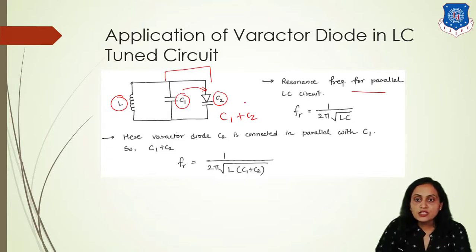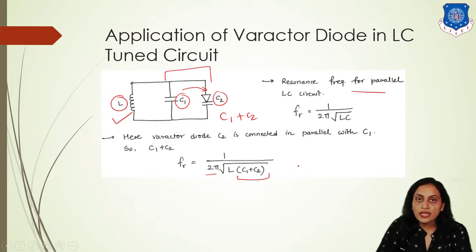But now instead of just one capacitor, we are using the parallel combination of two capacitors, and that is C1 and one more is the varactor diode. So for this particular circuit, the equivalent resonance frequency equation would be 1 divided by 2 pi square root of L into the equivalent capacitance, that is C1 plus C2.